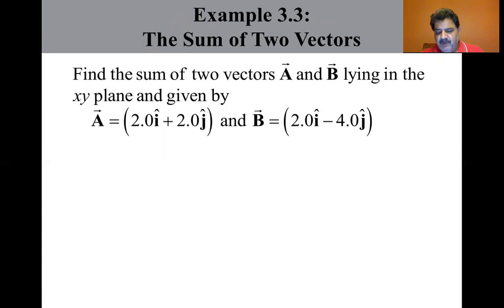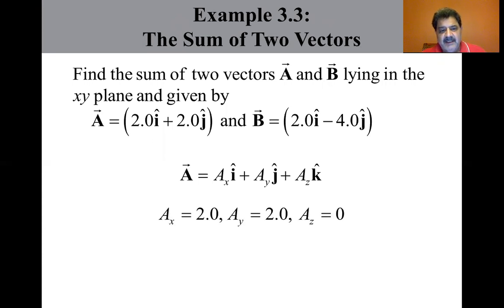Comparing this expression for A with the general expression, A equals Ax i plus Ay j plus Az k, we see that Ax equals 2, Ay equals 2, and Az equals 0. Likewise, Bx equals 2, By equals minus 4, and Bz equals 0.